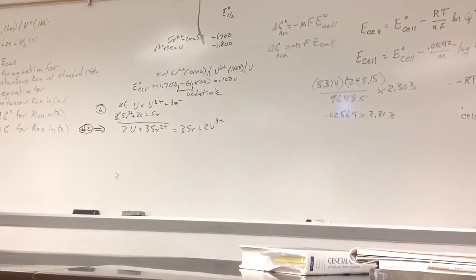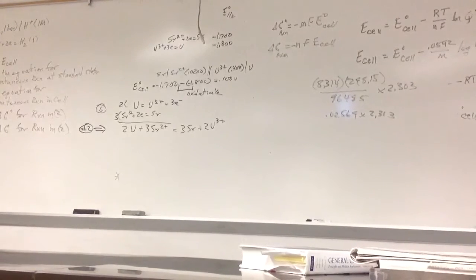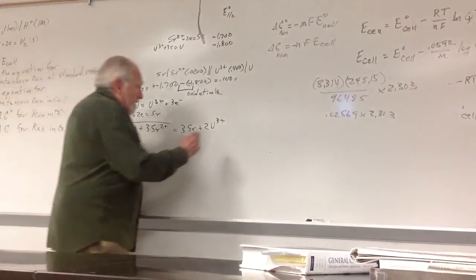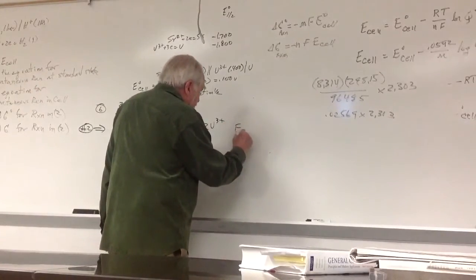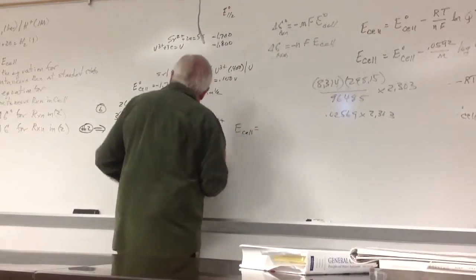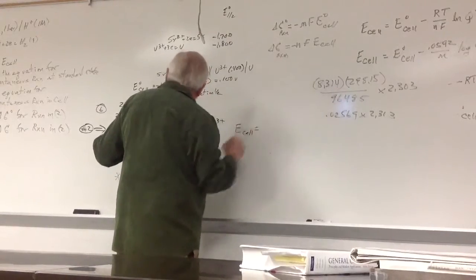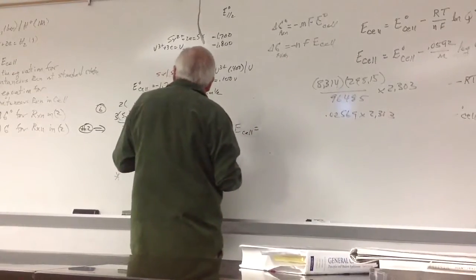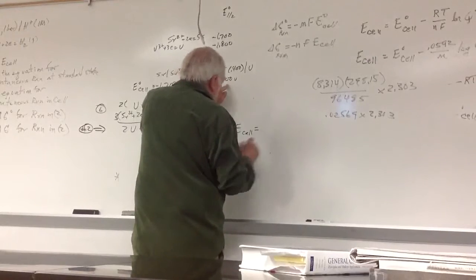Now the next thing is, I want to calculate Ecell. Notice I have to go through all of this before I can even start calculating Ecell. So now I'm going to say Ecell. E0, oh, I have the equation up there, so I don't have the equation. I just got done calculating here.